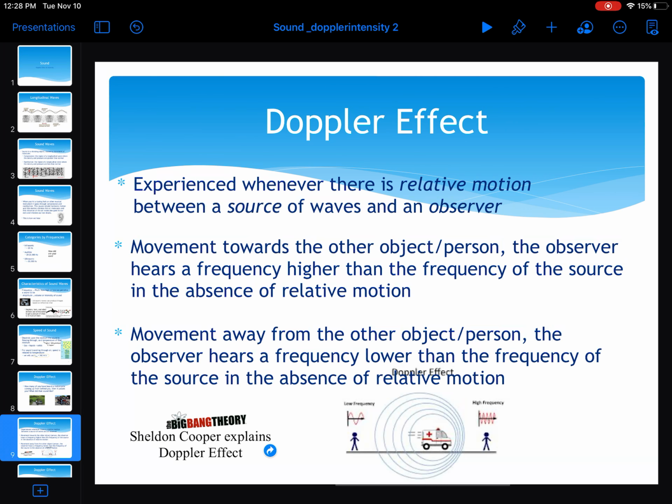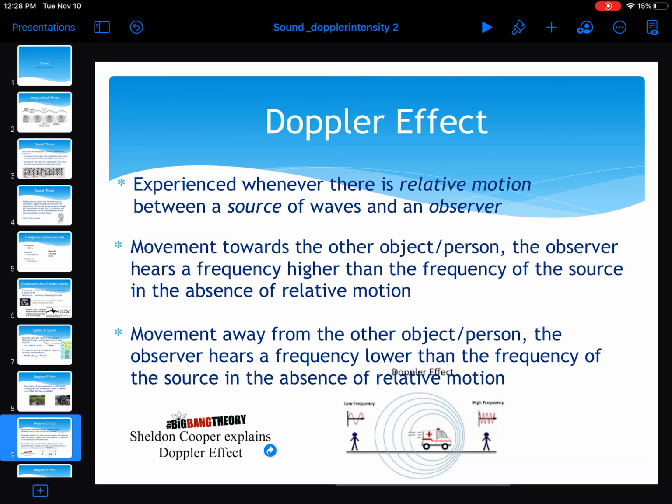If you're the person in front of the object, when these sound waves hit your ear, the frequency of that pressure on your eardrum is going to be a higher frequency than what the object is actually emitting. So you are going to perceive that sound to be a higher pitched sound than the actual noise coming from the object.